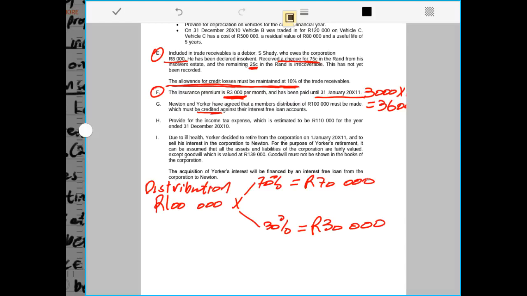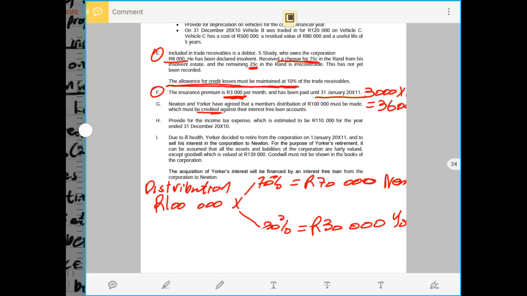So now in the loan account for member Newton, will allocate 70,000 and Yoka will allocate 30,000 rands. Then from there we can leave that. I will do that in the statement of changes in equity. Let me note it. Statement of changes in equity.